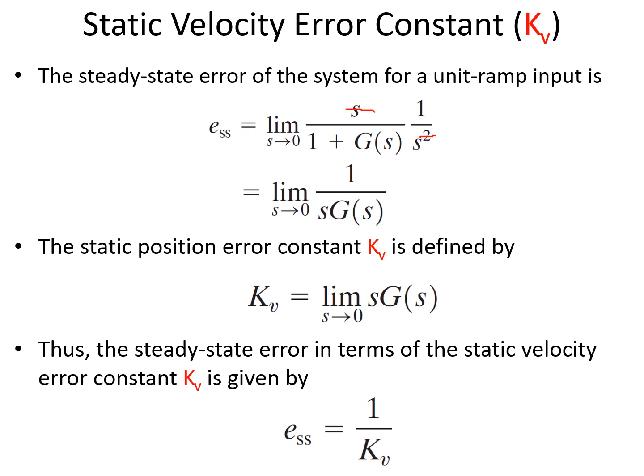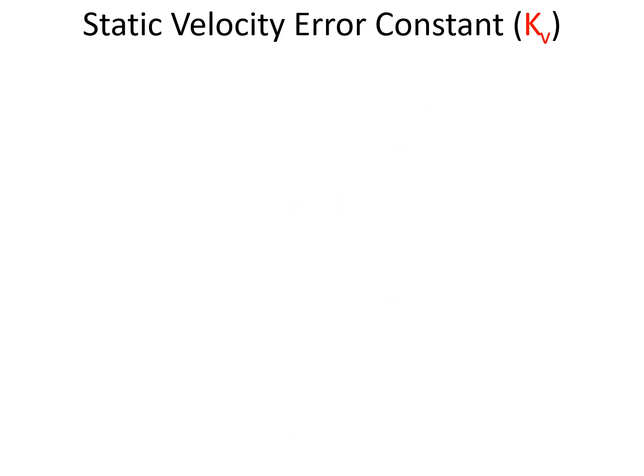So this is the value that we have for the steady state error with velocity constant Kv for a unit ramp input.